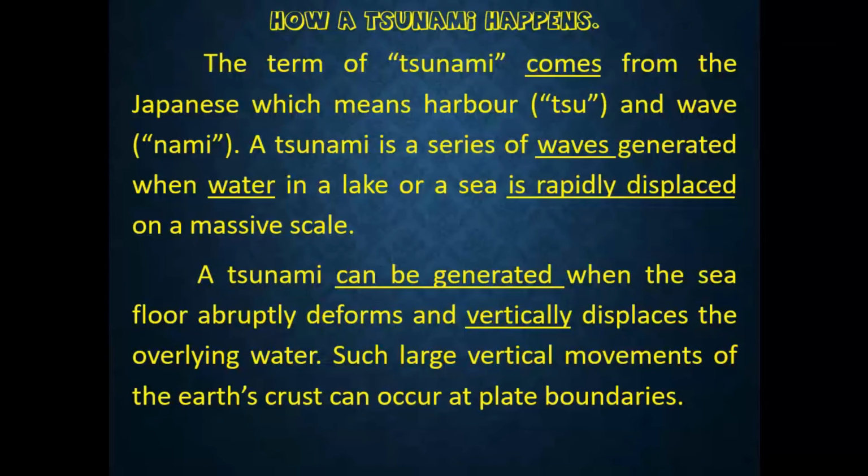A tsunami can be generated when the seafloor abruptly deforms and vertically displaces the overlying water. Such large vertical movements of the Earth's crust can occur at plate boundaries. The next paragraph.